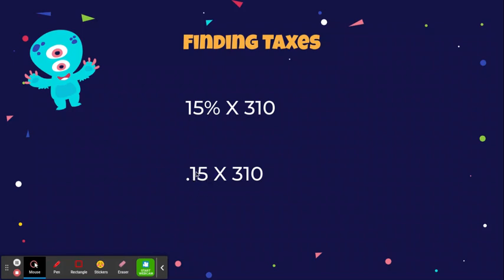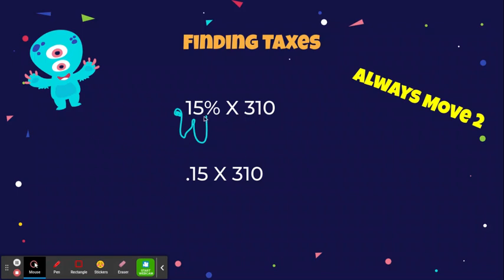How did we get that? Every time you change a percent to a decimal, you must always move it 2 spots to the left. Well, technically the decimal's on the end of the 15 because it's a whole number. And we're going to go 1, 2, and this weird thing is supposed to be a decimal point right there. And that's where we're going to move the decimal point. So always 2. 1, 2, and a decimal point.